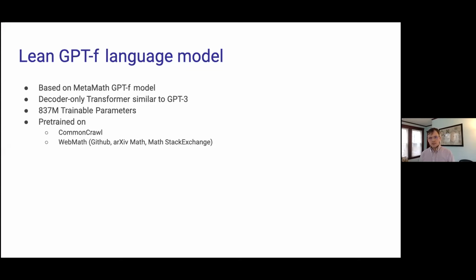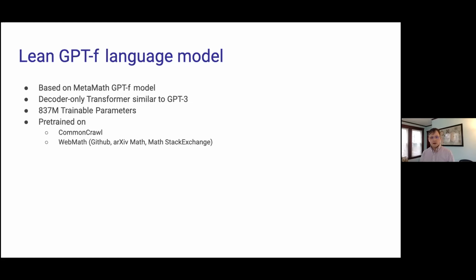Now, I should mention that one of the things you've probably heard about GPT-3 is that it's very large. Our model isn't nearly as large as GPT-3 or even the larger GPT-2 model. It's 837 million trainable parameters. And it was first pre-trained on Common Crawl, which is just a general collection of English language sources from the internet and other sources.